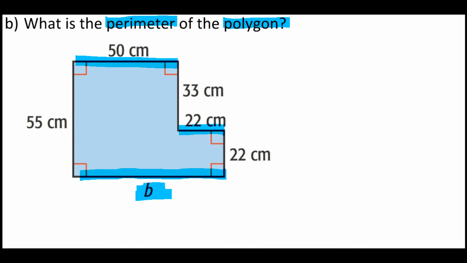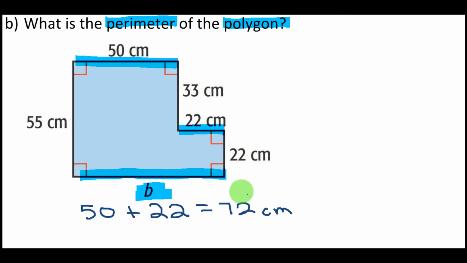So I'm going to add 50 plus 22, and these combined give me a value equivalent to side B. So 50 plus 22 gives us a value of 72 centimeters.